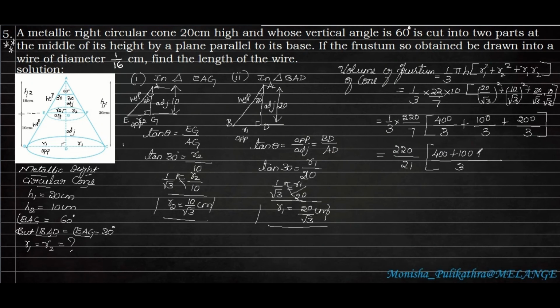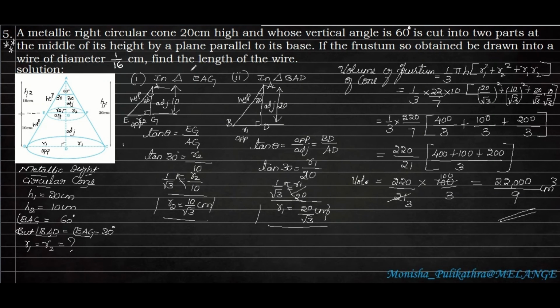So 400 plus 100 plus 200: 400, 500, 600 and 700. 700 divided by 21, and divide by 3. 7 3s are 21 and 7 hundreds are 700. So the volume will be 220 into 100 is 22,000 by 3 3s are 9 centimeter cube. So 22,000 by 9 centimeter cube is the volume of this frustum of a cone.